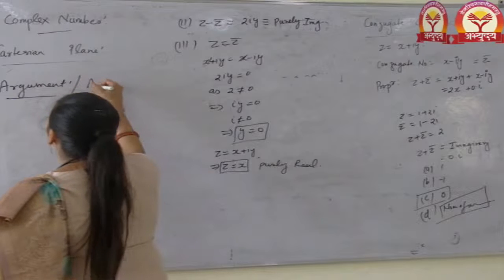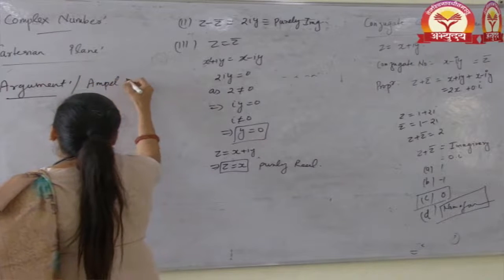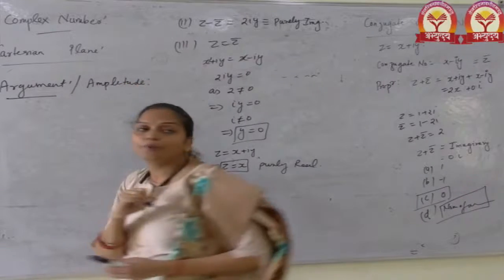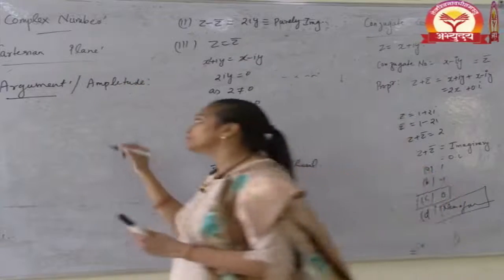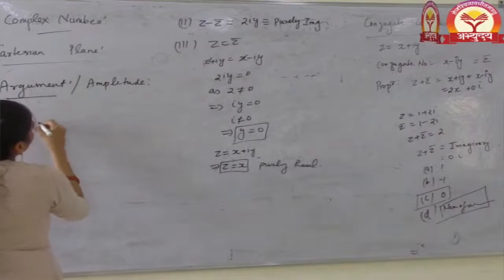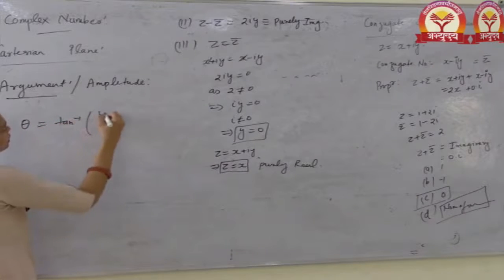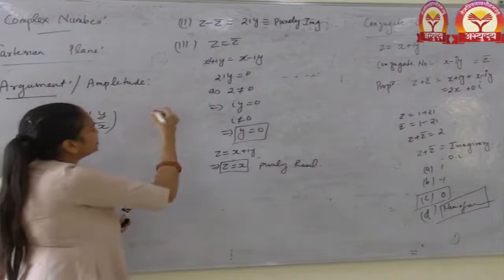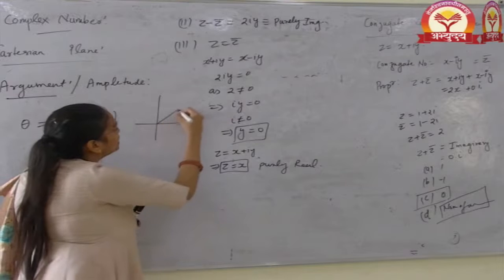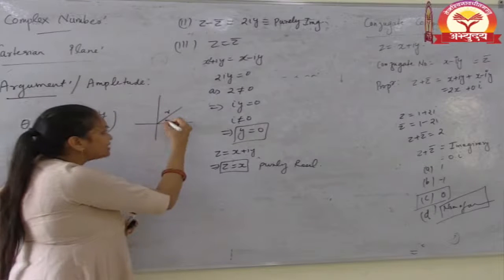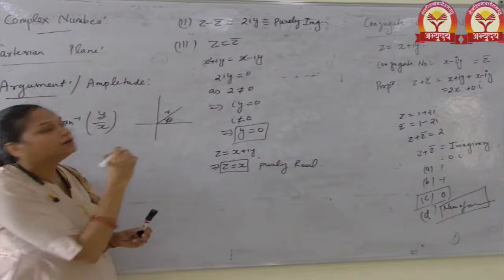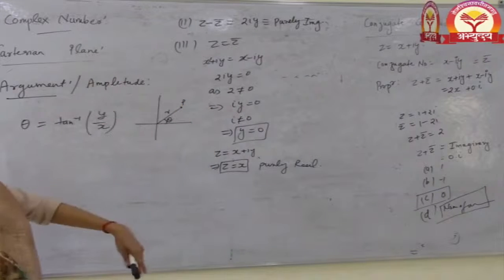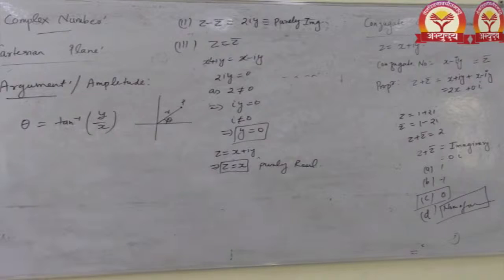That is also known as amplitude. Argument and amplitude, that is denoted by theta, tan inverse y by x. Just a simple representation, like in a polar form, radial distance is denoted by r. This radial distance makes an angle theta with x axis. This value of theta with the x axis will give the value of argument here.